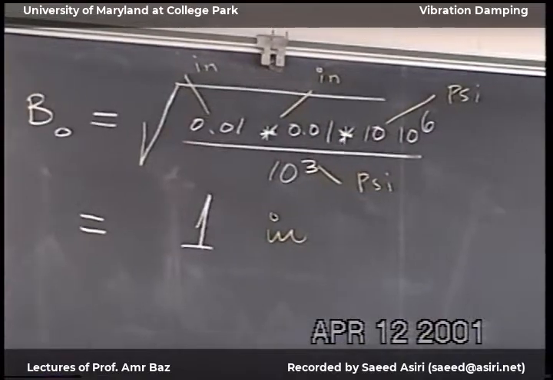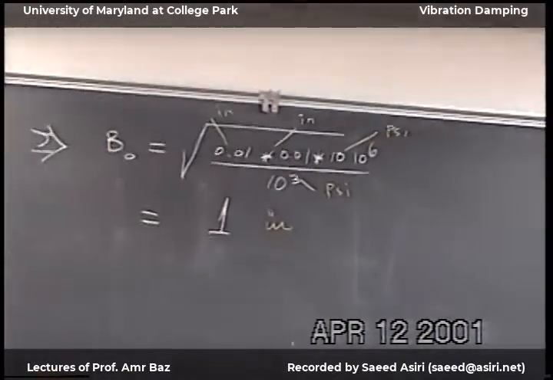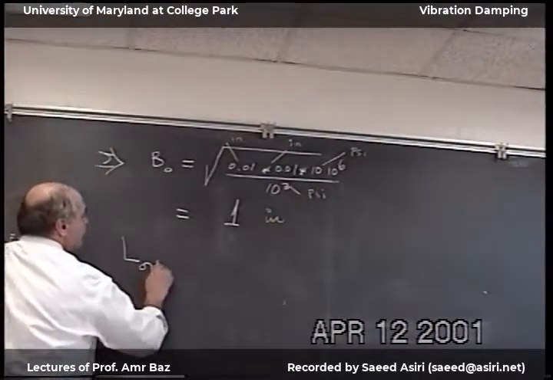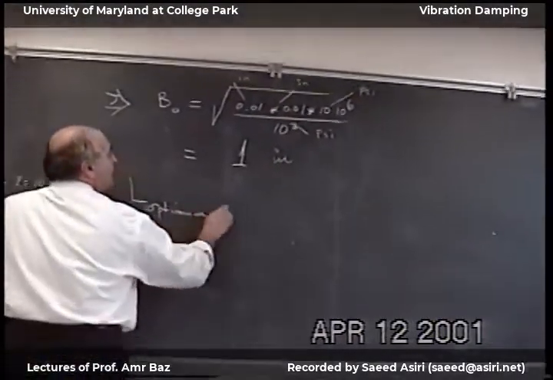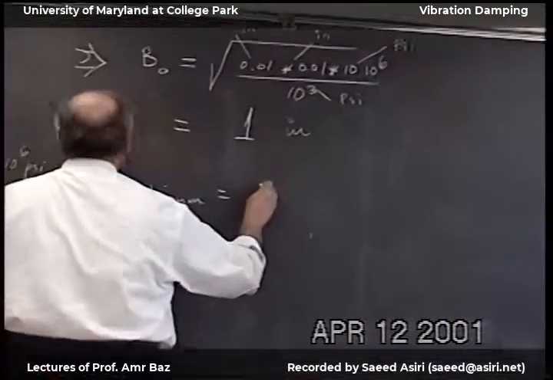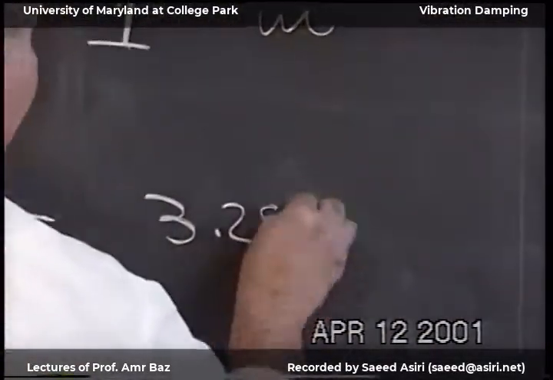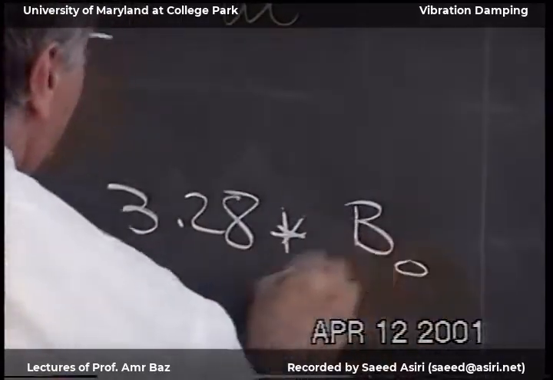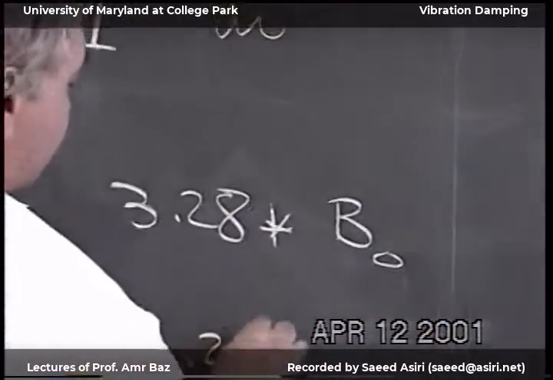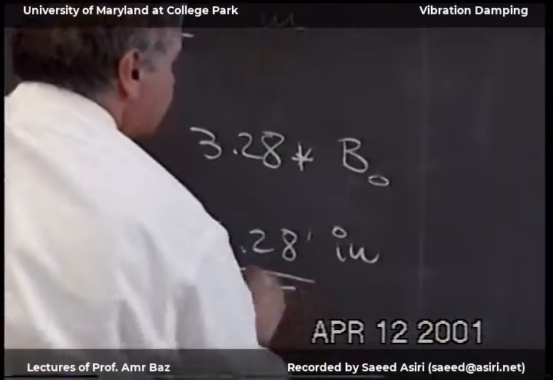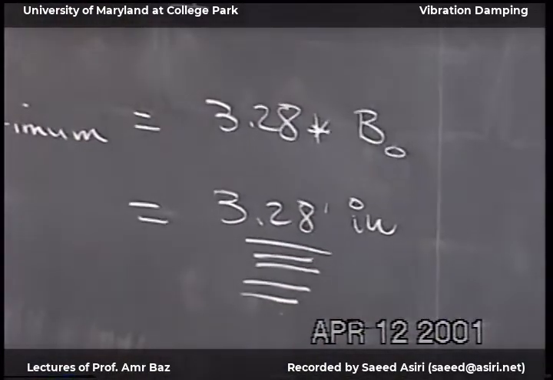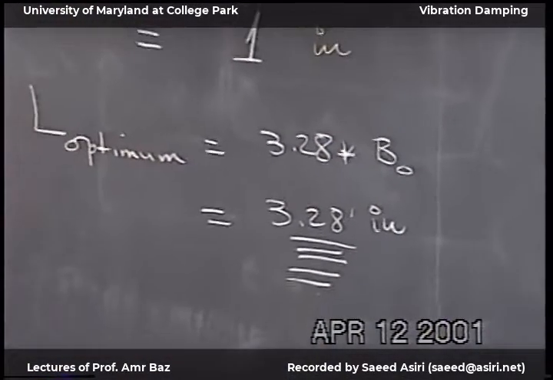So now if I want to design a good constrained layer damping, then I have to select the optimum length such that L over B0 is equal to 3.28, and this means the length of the constraining layer should be 3 1/4 inch.